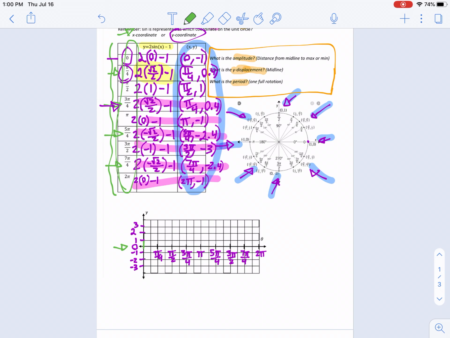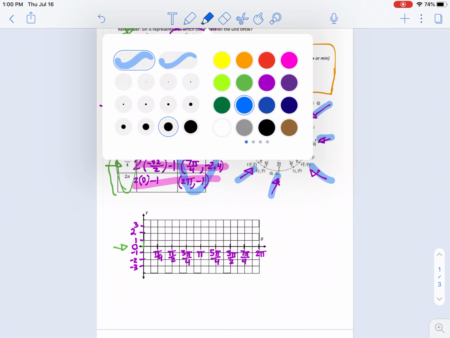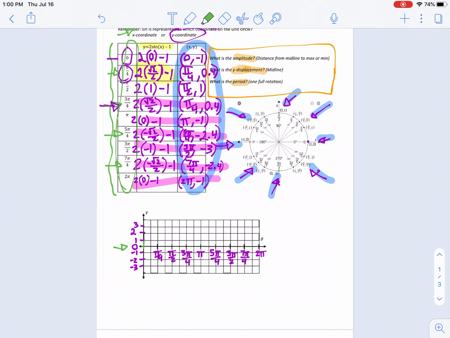Now for the y-axis, I looked at my blue points circled in blue, and I looked at just the y-coordinates to see what is happening with them. Something I noticed is that the lowest y-coordinate it gets down to is -3. I'll highlight that in green. So right there, that's the lowest y value, it gets down to -3.